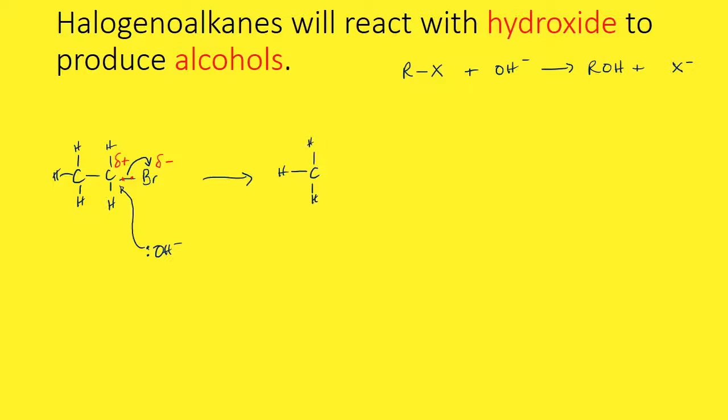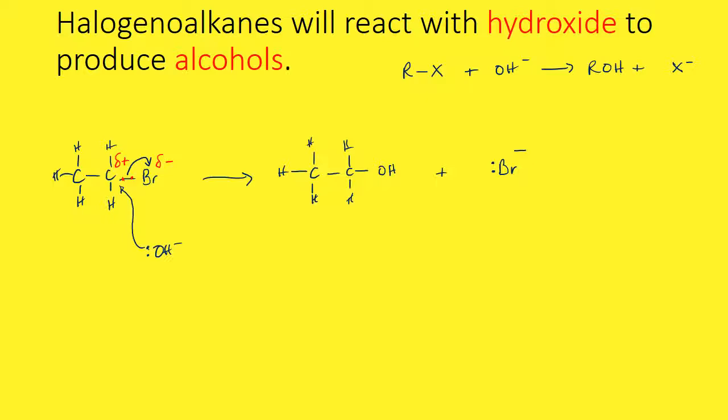Methyl group, CH2 group, and instead of our bromine we've got a hydroxyl group, which is now neutral because the extra electron left with the bromine. Now the bromine has got that extra electron, both electrons in the covalent bond went with the bromine, giving it a full 8 electrons, and we can draw one of the lone pairs there like that on the bromine.